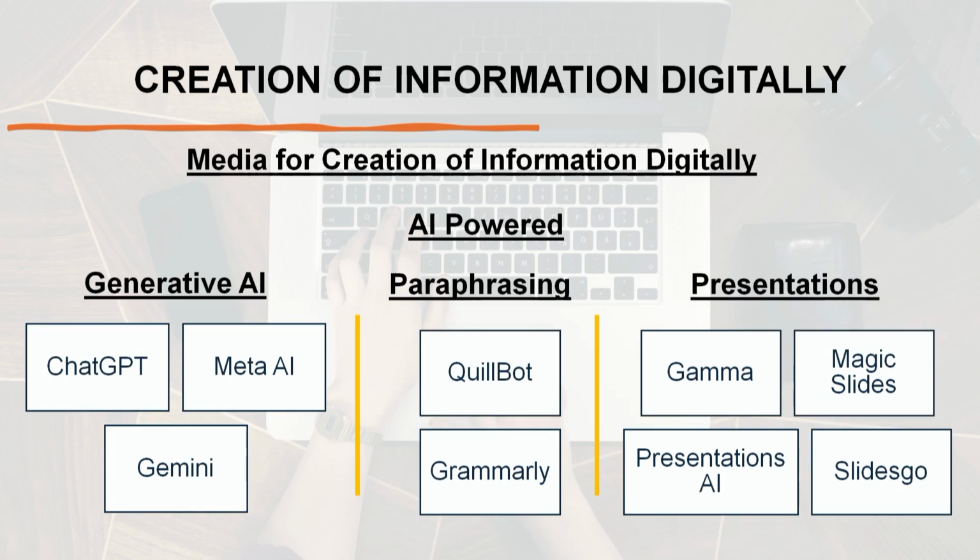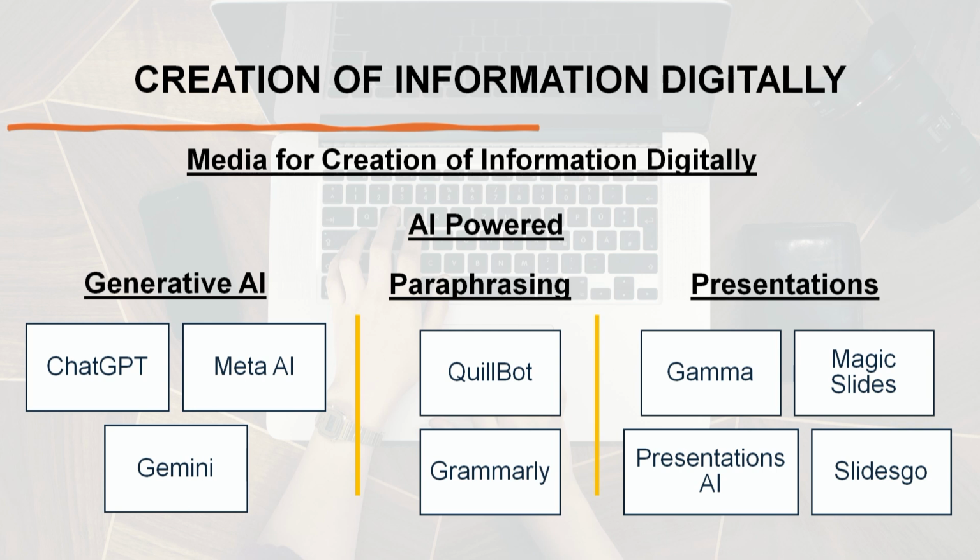Now, as I was again and again referring today, artificial intelligence has made it easy for us to create digital information, because we have generative AI like ChatGPT and Meta AI. Simply on your WhatsApp, you see it has Meta AI, which can give you information about anything.